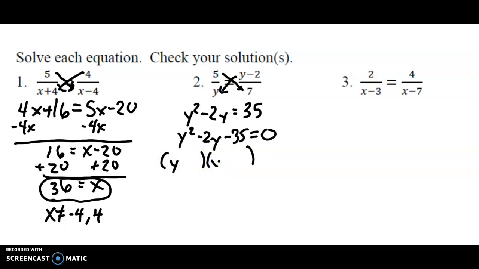Two numbers that multiply to -35 and add to +2 are -7 and +5. That would mean that my answers here are 7 or -5.